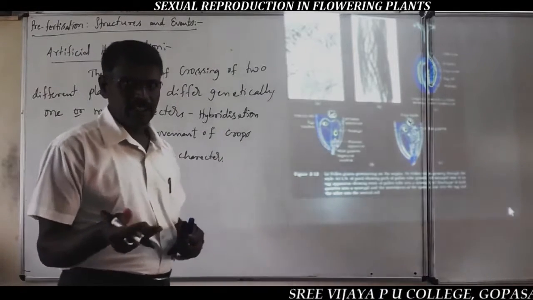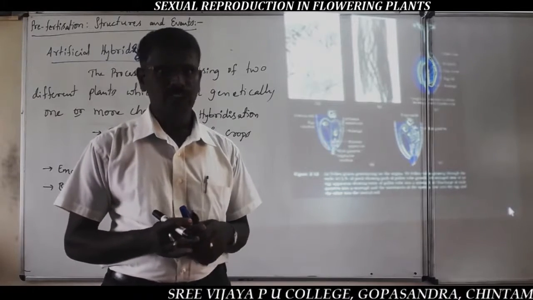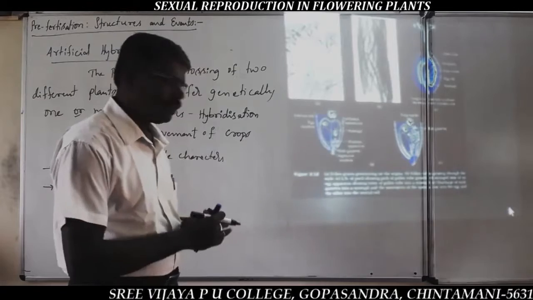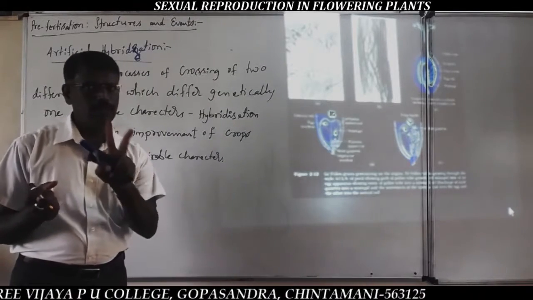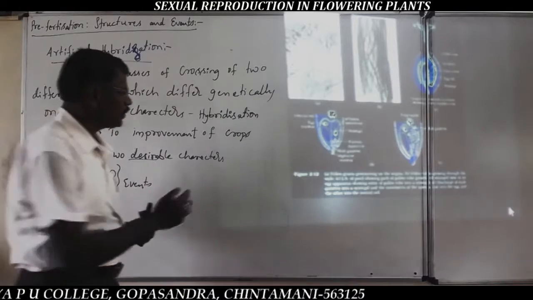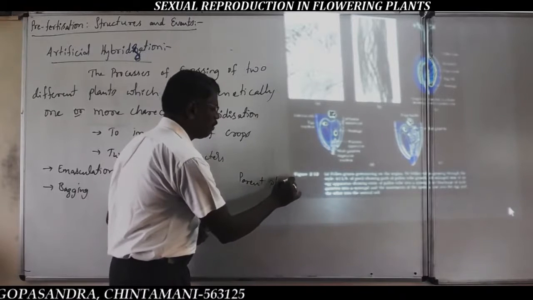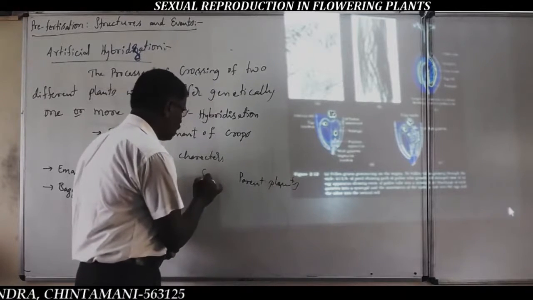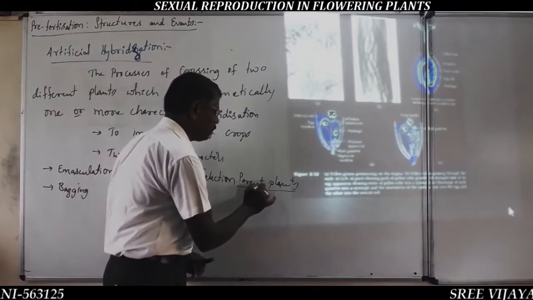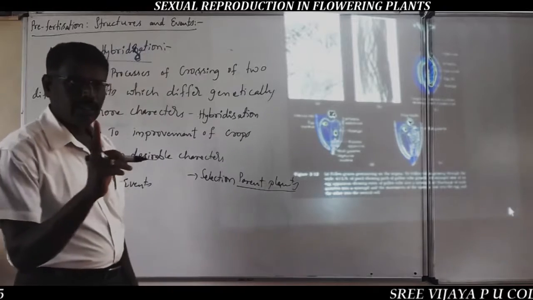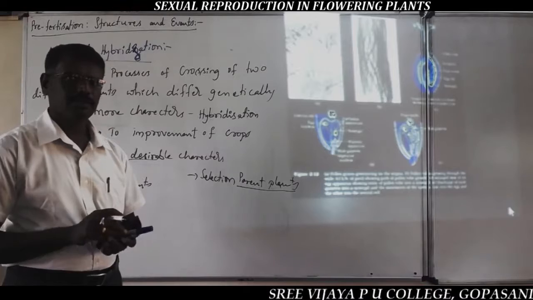We discussed this in plant breeding techniques. First we select two different plants as parental plants. One is used as the male parent and one as the female parent.